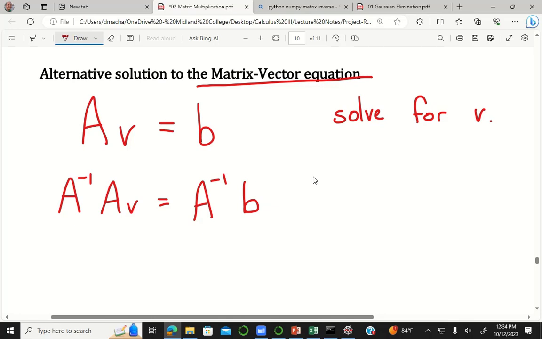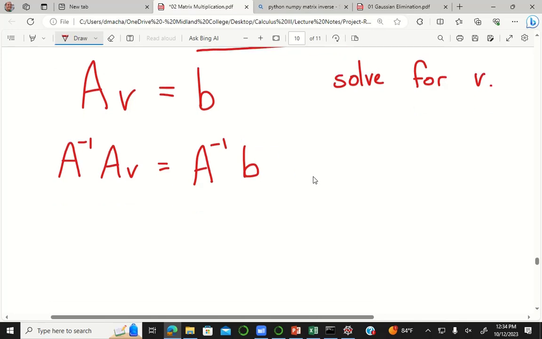But on the left side of my equation, what is A inverse times A? That's the identity matrix.